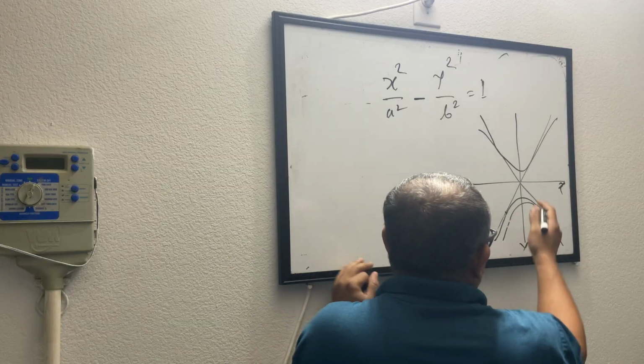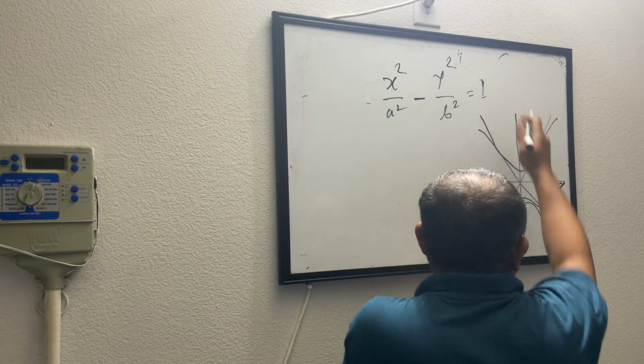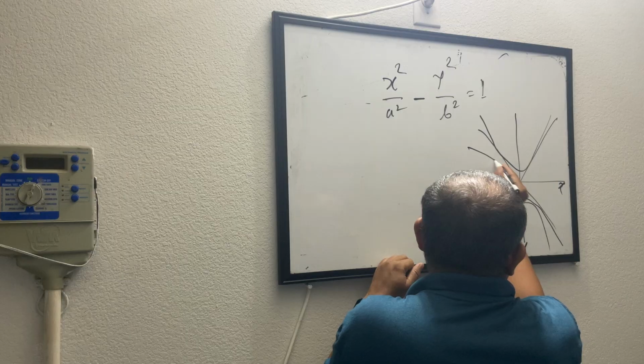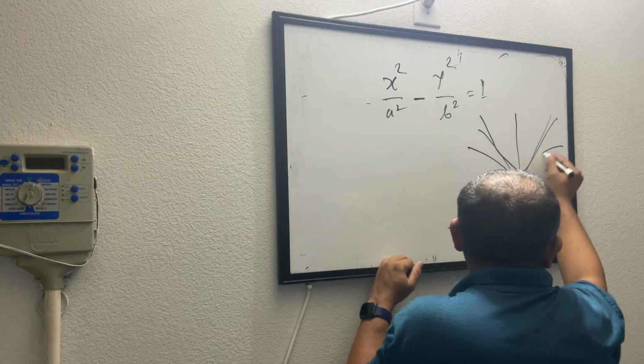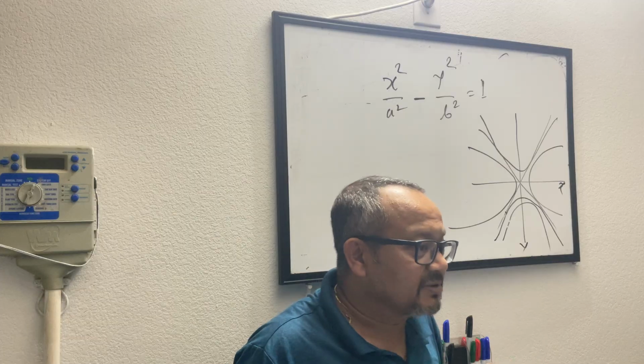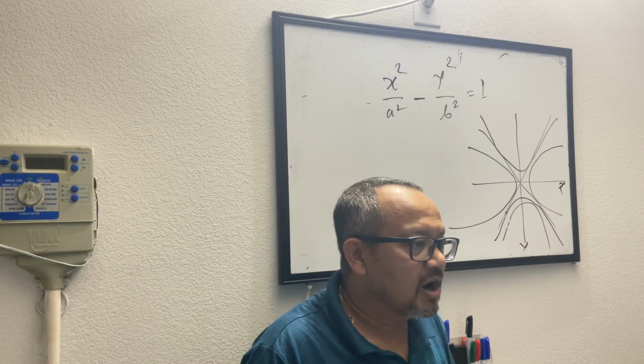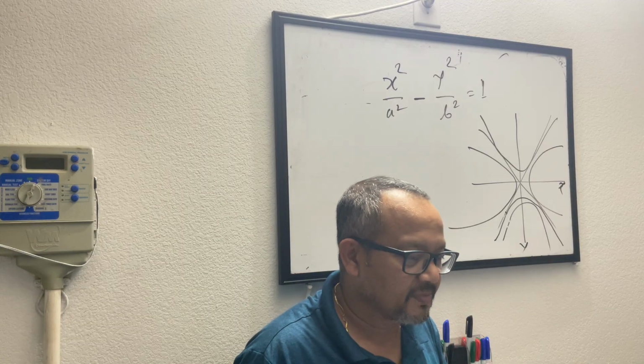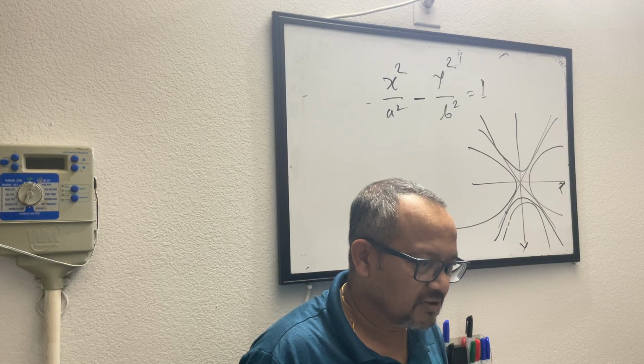Or your hyperbola could be vertically aligned like this against the asymptote, or horizontally aligned like this against this asymptote. So I'm just kind of seeding that view of the asymptote for now. Okay? Is that okay so far?